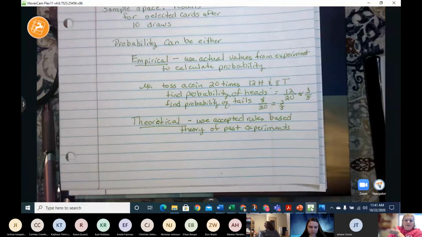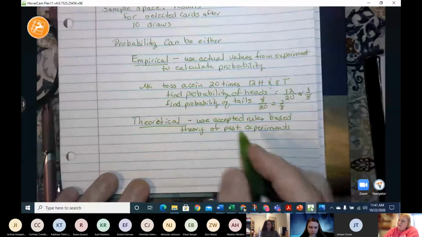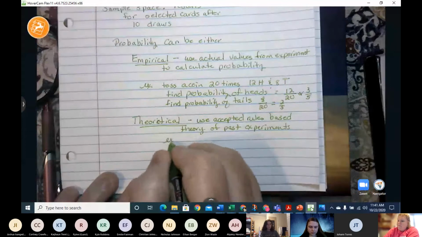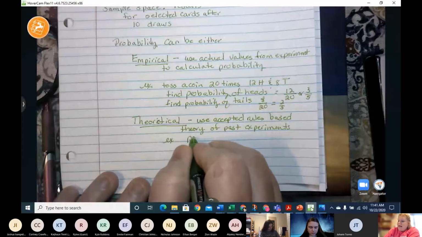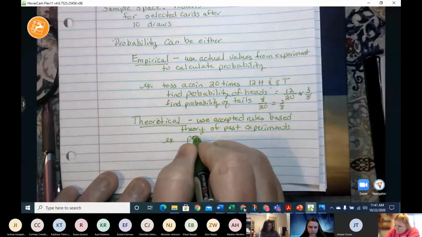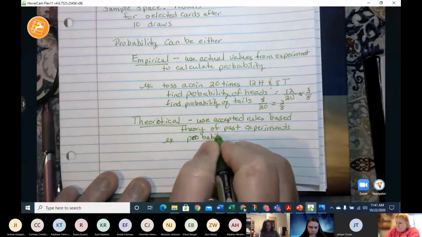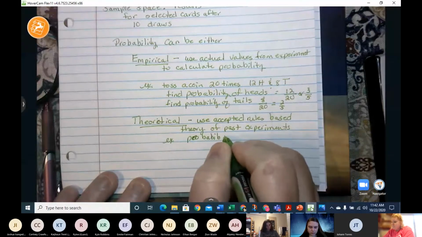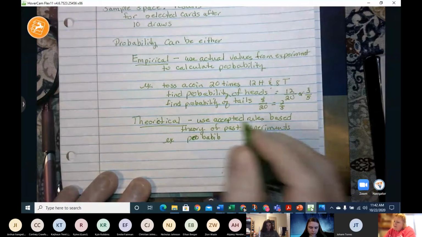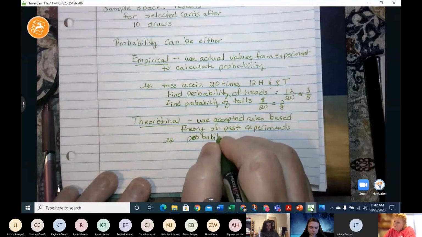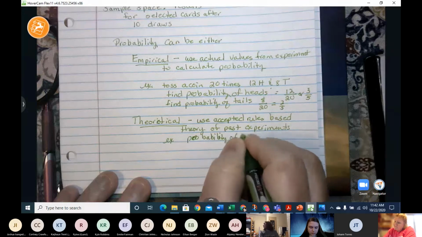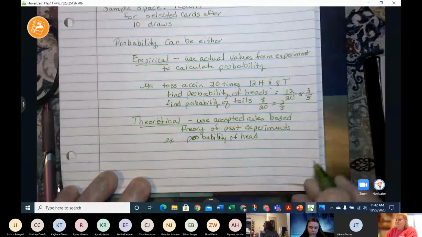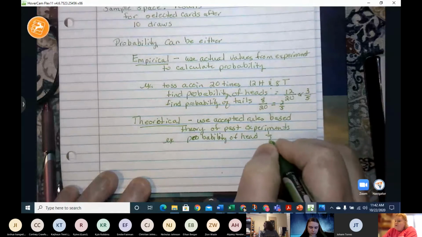So we know a coin has two sides. It's either heads or tails. So in theory, the probability of getting a head, can't spell now, should be 1 out of 2 choices.